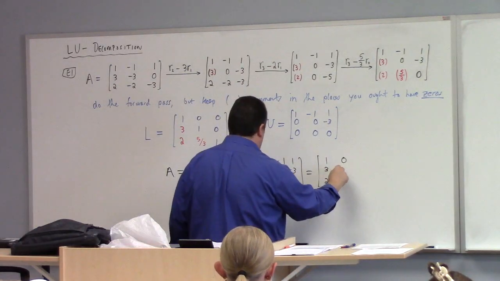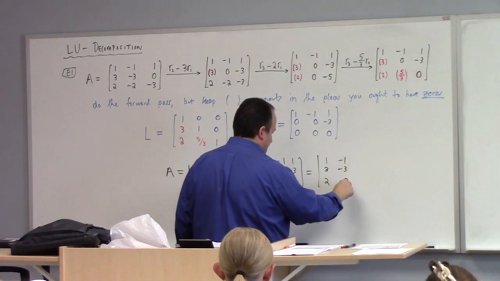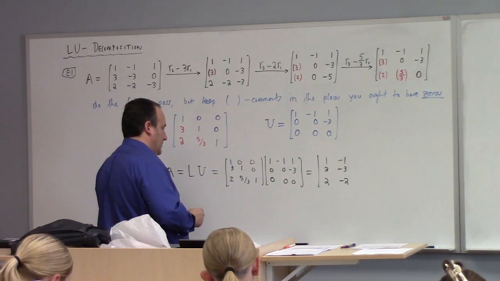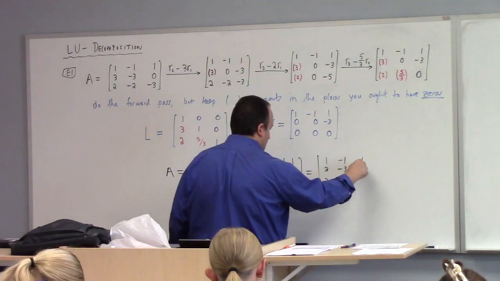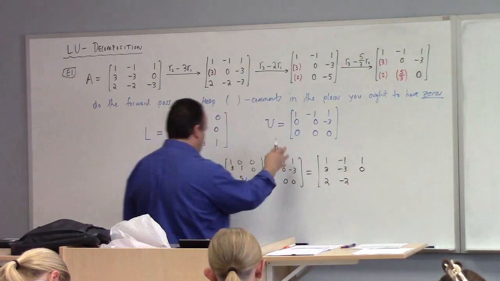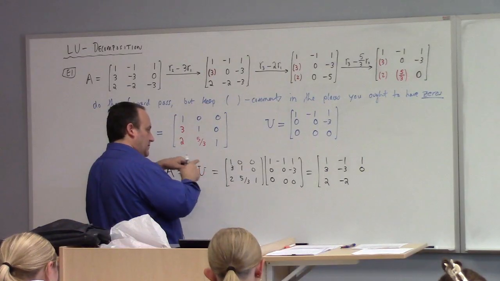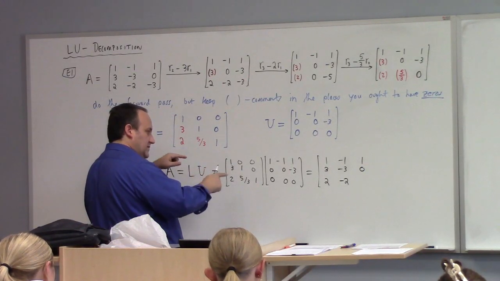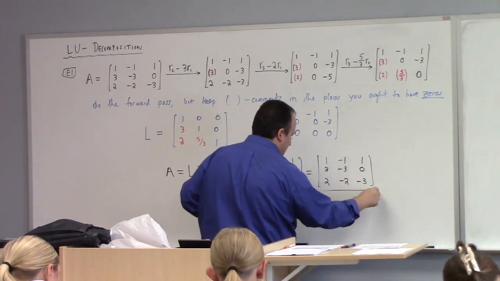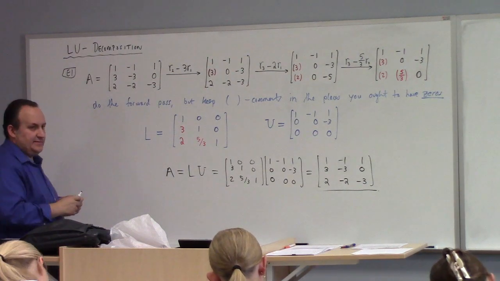I get 0, excuse me, minus 1, minus 3, minus 2 for my second column. And I get 1, 0, I think, and 1, oh, excuse me, 2 minus 5, which is minus 3. I sure hope when I look up that's A. Whew. Okay, it worked. Yay.